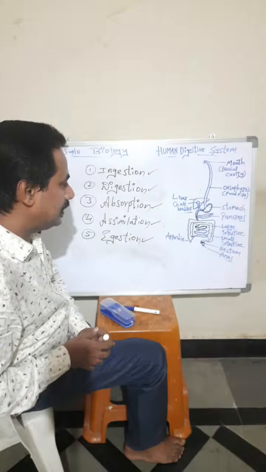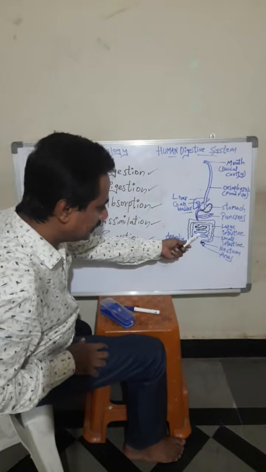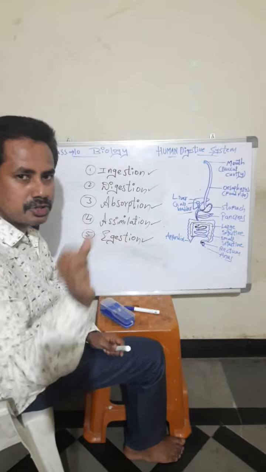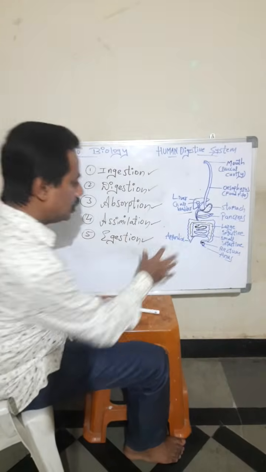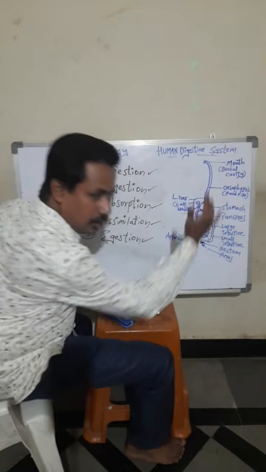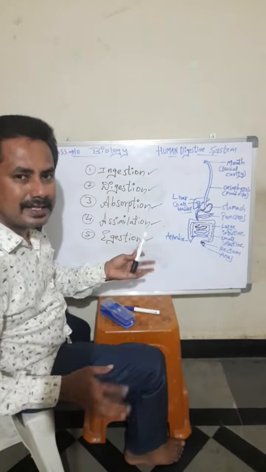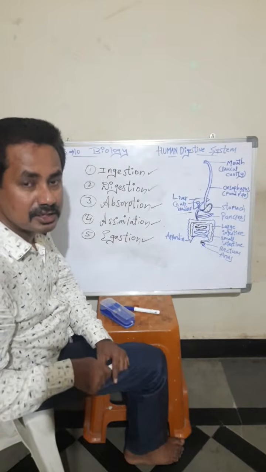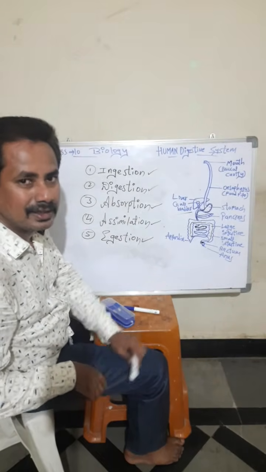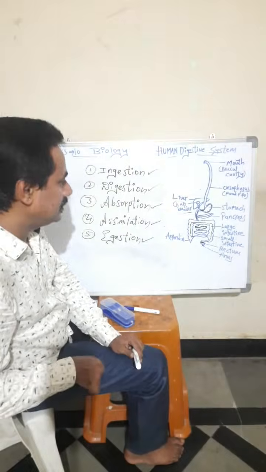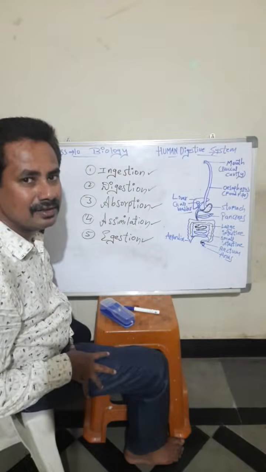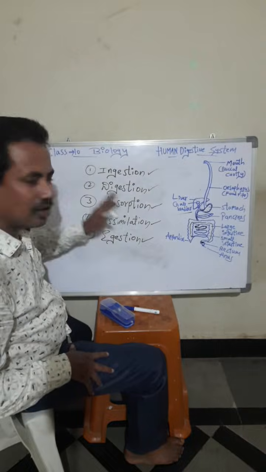In the small intestine it is actually of 3 types: ileum, jejunum, duodenum. Okay, ascending colon, transverse colon, descending colon. All in detail we are going to study in higher classes, like in the PUC first and second year, 12th class. If you take science, you are all going to study in detail. For class 10th, it is very easy.